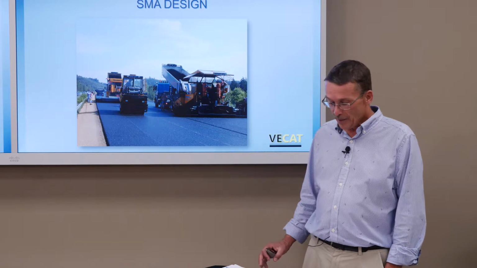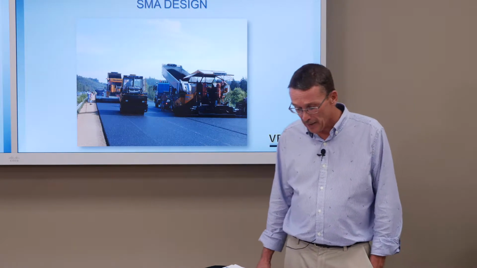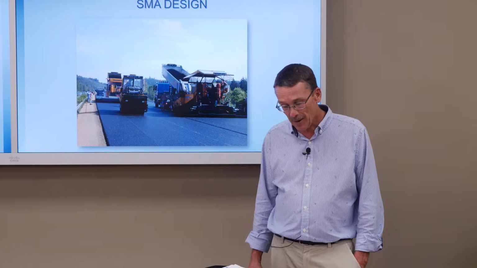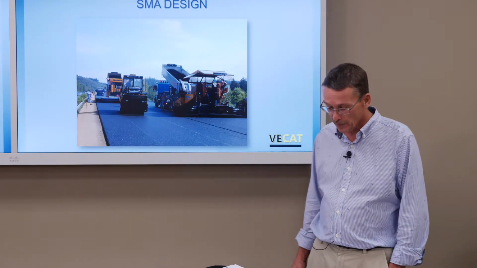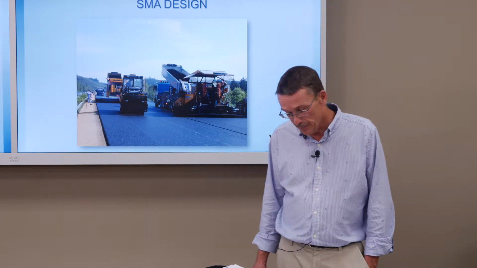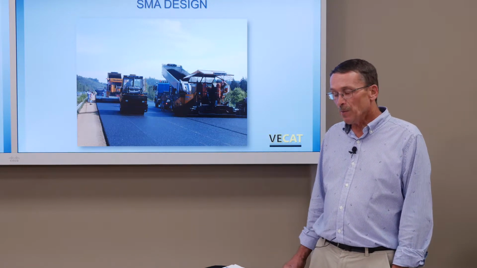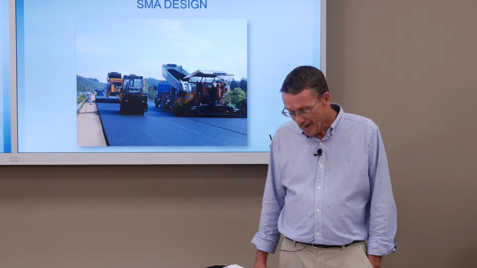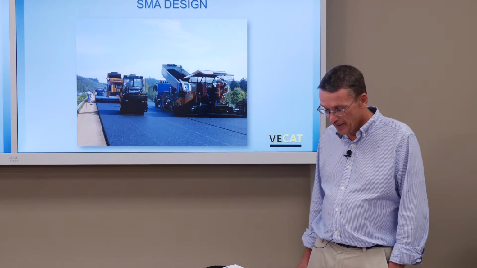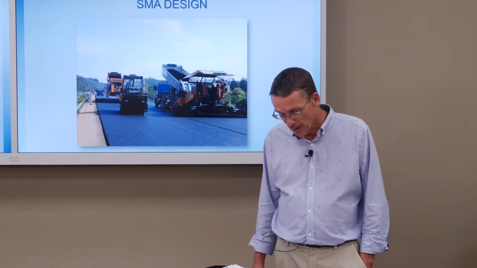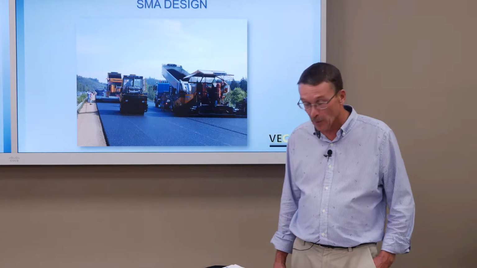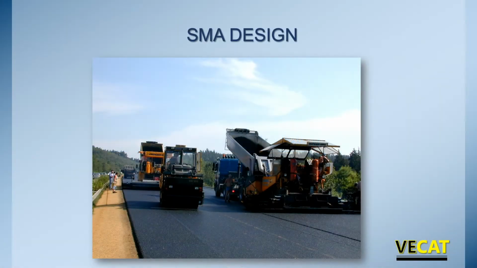So again, with a very high coarse aggregate content, a high binder content, and a high mineral filler content, like I said, about 10%, that results in a very durable mix that has excellent stone-on-stone contact, that is very durable and rut resistant.